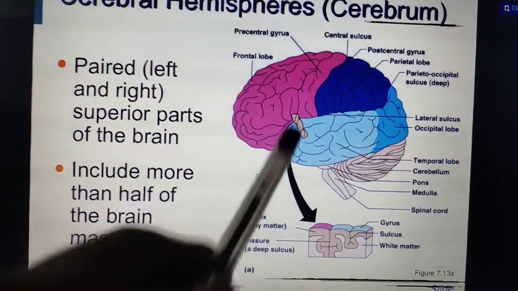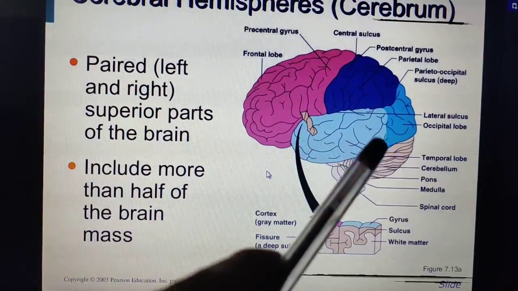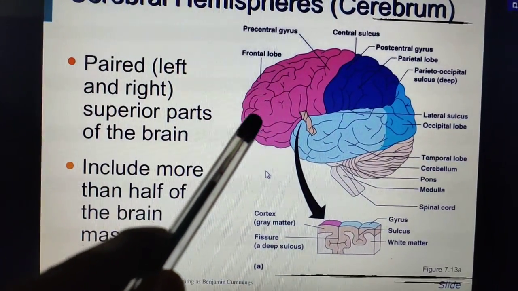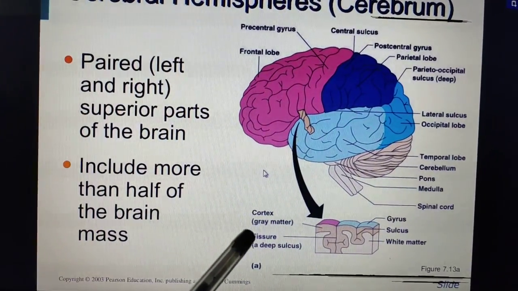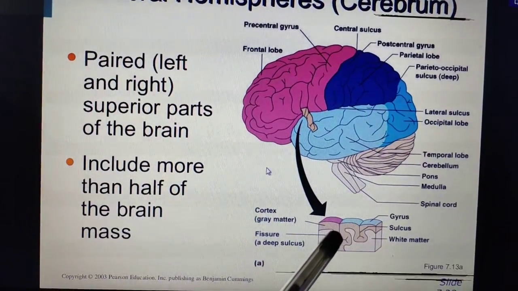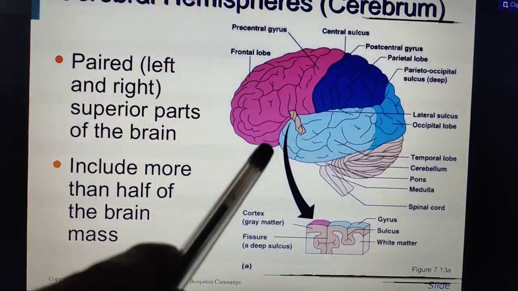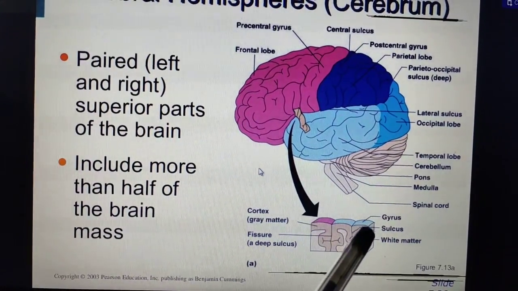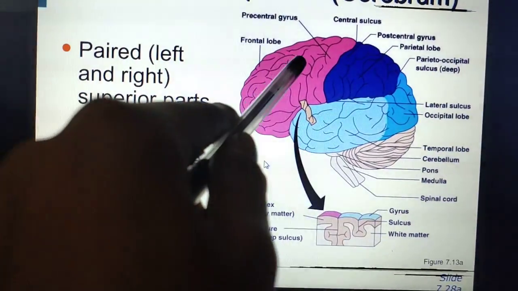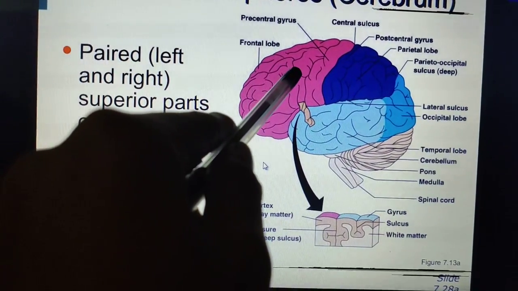And one more thing you are watching now. See, this brain also consists of so many fissure-like structures, and some bulky structures, isn't it? The bulging part we are seeing, that we call gyrus.